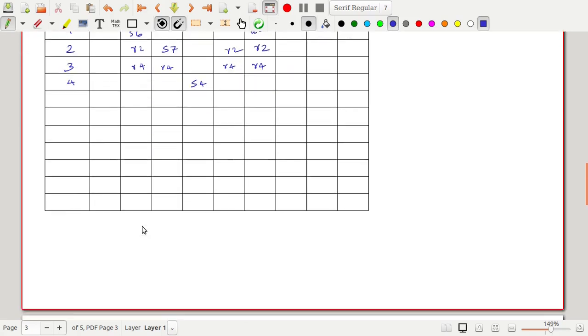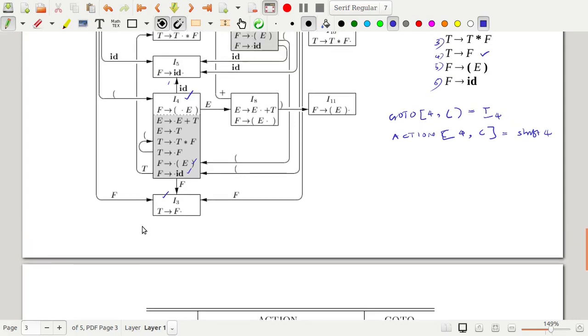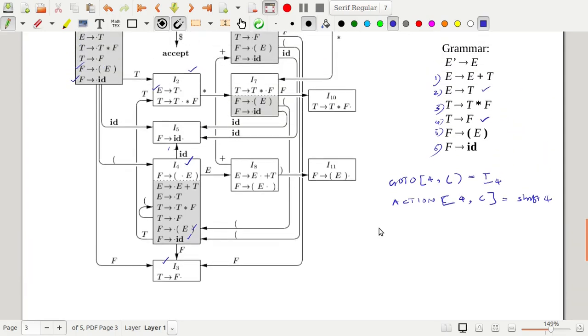Now what is left to do? Similarly we can consider goto of ID. For the transition in the case of goto of ID, sorry, this is actually I4 comma ID is equal to I5. So we have to set action of 4 comma ID is equal to shift 5.